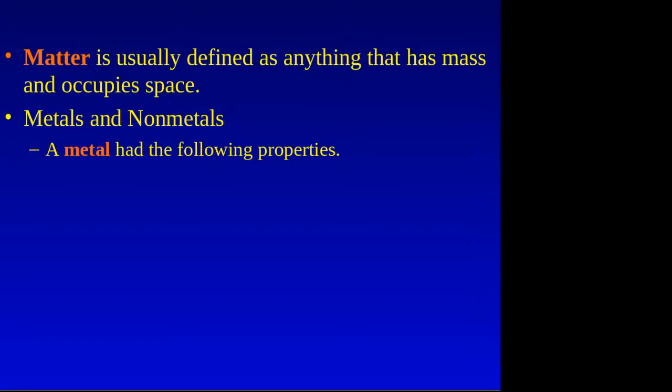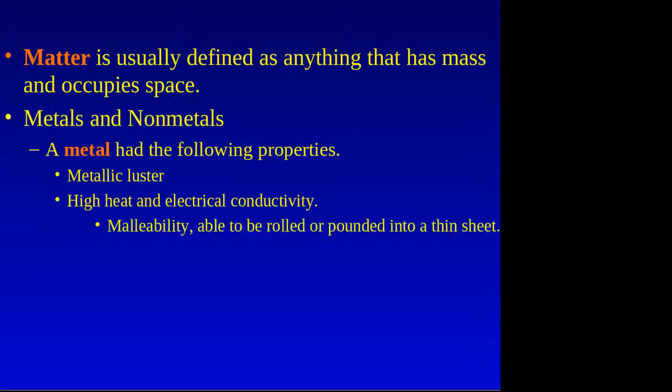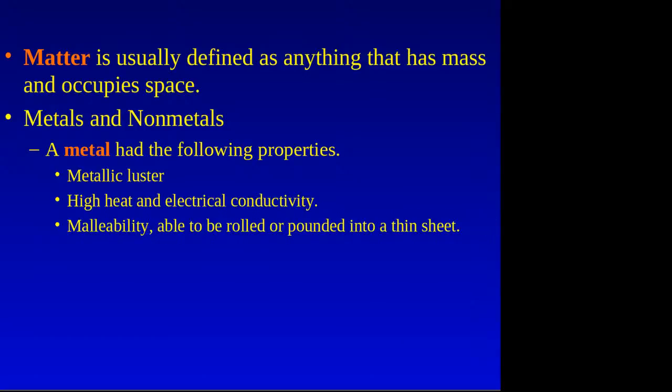And so what we're going to look at is that matter. We're going to start just in general. We look around, and there's metals and non-metals. Metals have lusters to them. They conduct heat very well and electricity very well, and they're malleable. You beat on them and they will change shape.